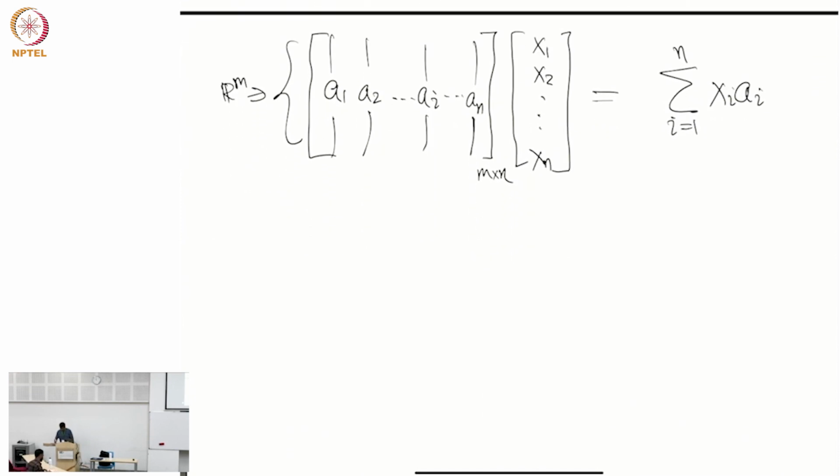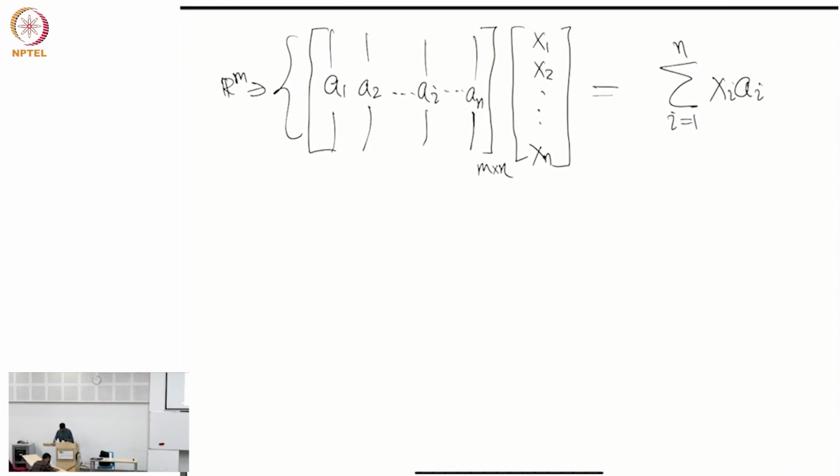If I pick the ith column, I could think of it as a1i, a2i, up to aji, and ami.